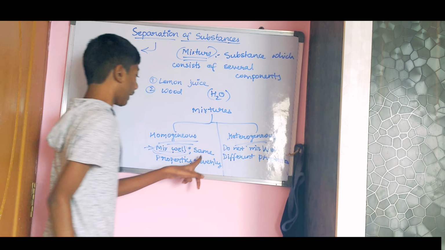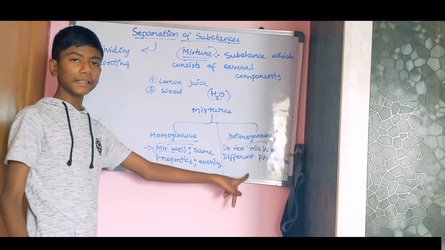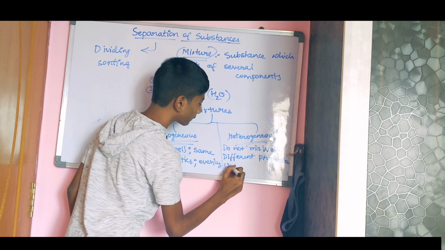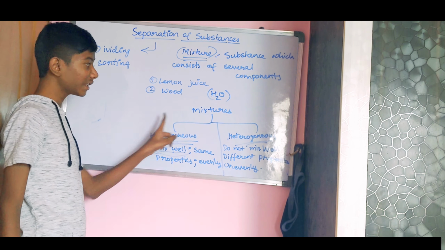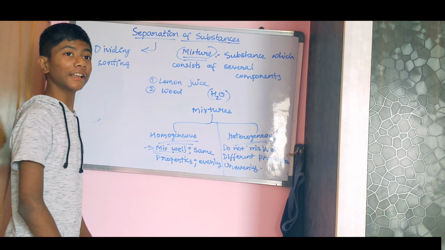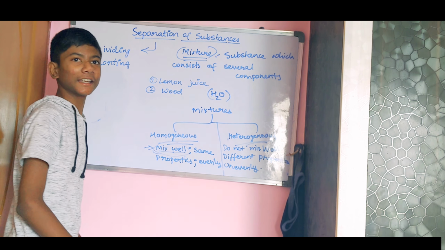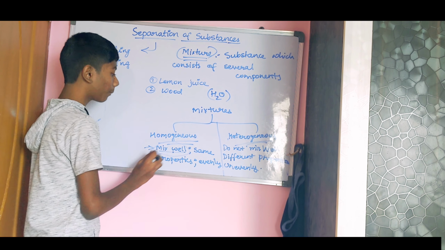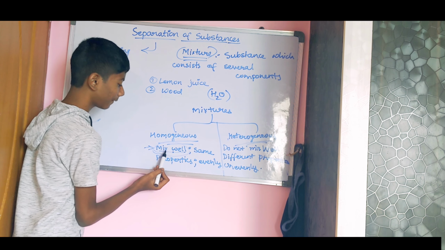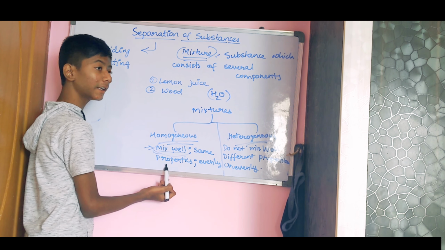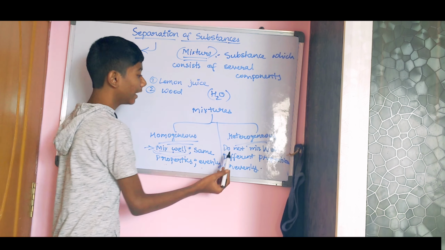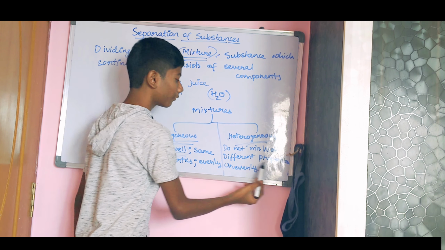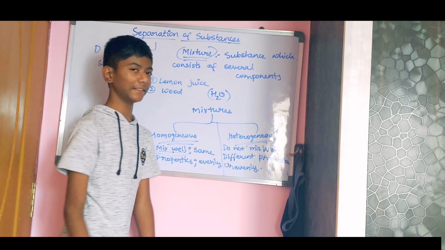And they spread evenly here, but they spread unevenly here. So this is about homogeneous mixture and heterogeneous mixture. I will repeat it once again. Components in homogeneous mixtures mix well, are of same properties, and spread evenly. Components of heterogeneous mixture do not mix well, are of different properties, and spread unevenly.